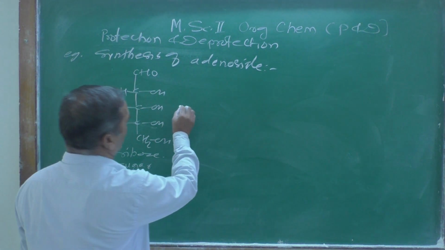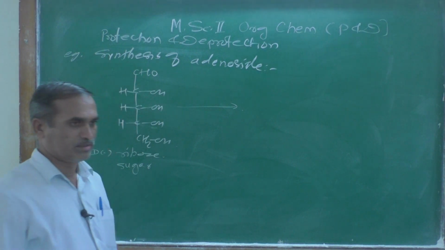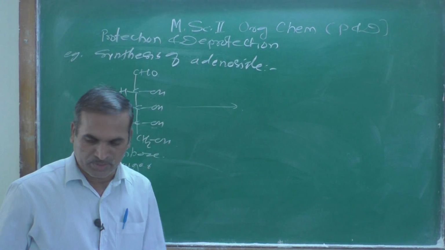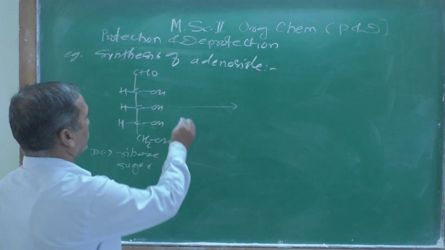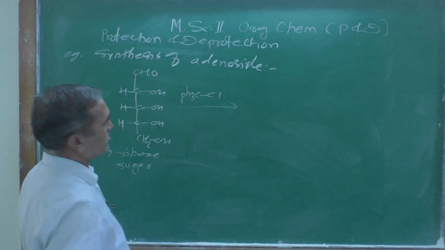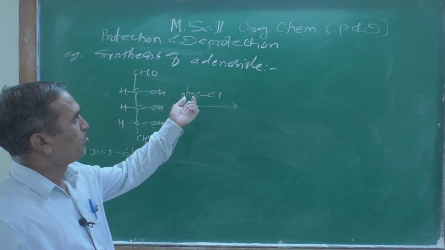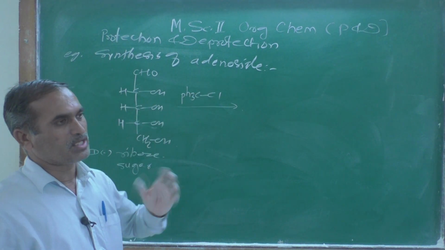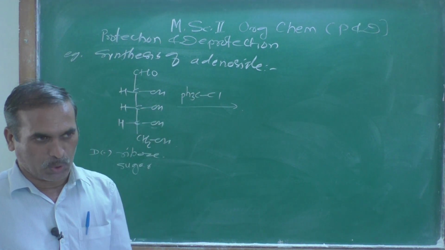Now this is further treated with a protecting group, which we already learned. Let us see here, Ph3CCl, that is triphenylmethyl chloride, or it is called trityl chloride, right?